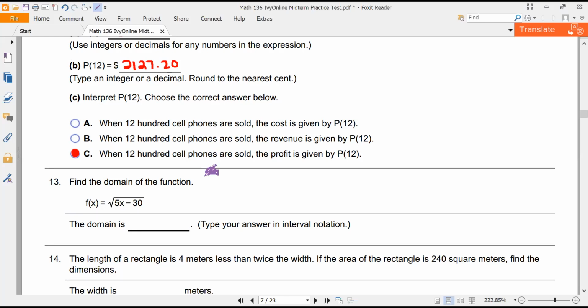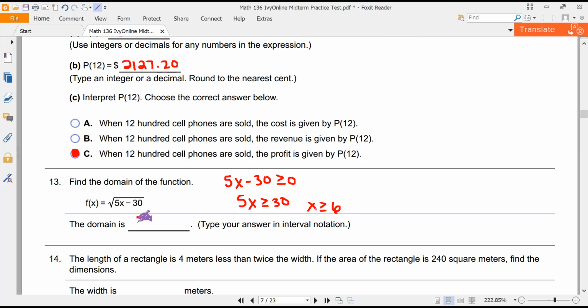So essentially, this is forcing us to keep the inside of the radical something real, either 0 or bigger, because 0 is okay, because the square root of 0 is just 0. That is a real number. So anytime you're dealing with a square root, you set the inside of the radical greater than or equal to 0 and solve to find your domain. So this would be x is greater than or equal to 6.